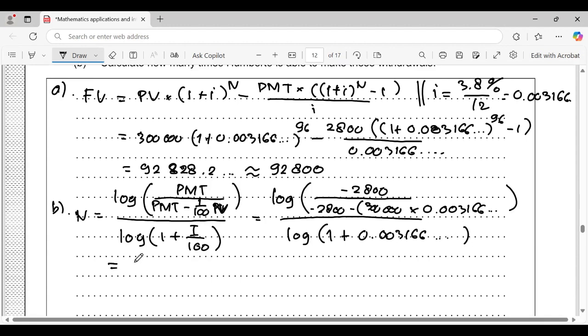And if you calculate, the result is 131 months.